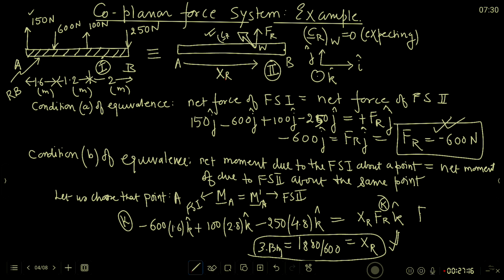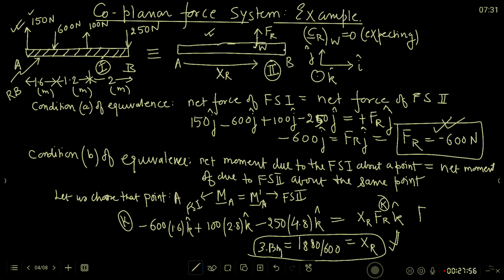There is no need, because as you see, Fr when placed at this distance from A will match the moment due to all forces in force system 1. So this is an example in which only one single force is required, and that makes the simplest equivalent of the shown force system, a coplanar force system.